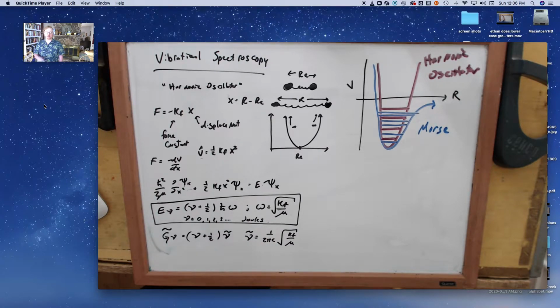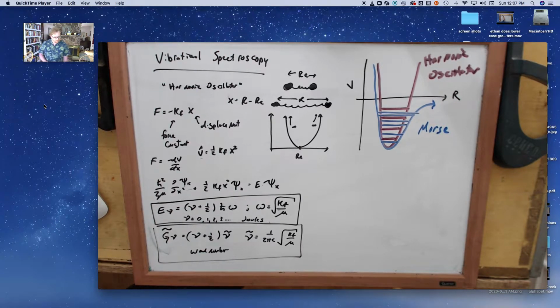So it's got that factor of hc to give you the wave number solution. So just like we said with rotational spectroscopy, we have two different equations. One's the Joule solution, one's the wave number solution. So we're predominantly going to stick with this solution right here.